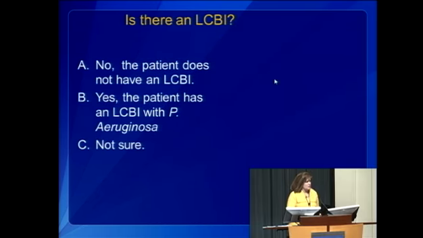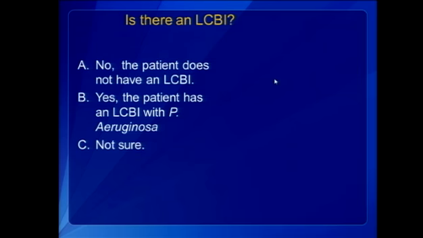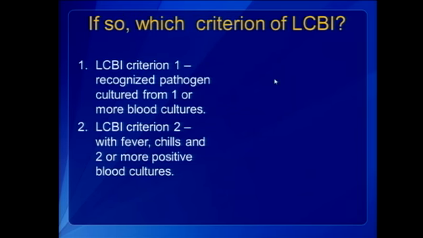So the question is there an LCBI? Choices are no, yes, it's an LCBI with Pseudomonas aeruginosa, or C, you're not sure. The correct answer is yes, the patient has an LCBI with Pseudomonas aeruginosa. So let's ask you, which criterion of LCBI does this patient meet?